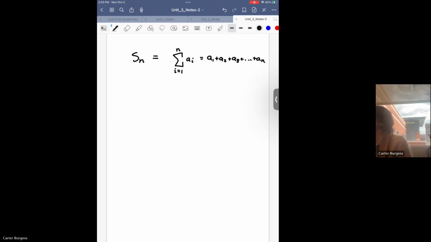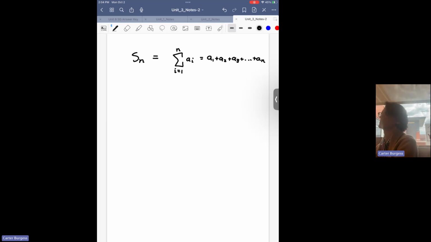Okay. So again, similarly to our recursive kind of process, if we just had to do this by hand, this would not be very pleasant. This would suck. If I asked you to find S sub 20 of something, you would have to find a sub 1 and a sub 2 and a sub 3 and a sub 4 all the way up to a sub 20, and then you're plugging them into your calculator and you're just tapping away.